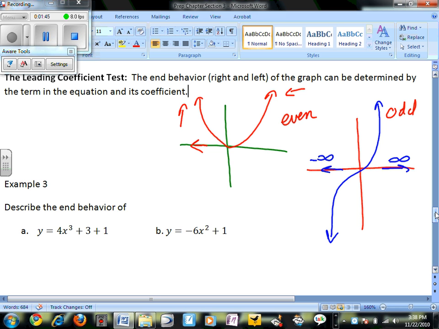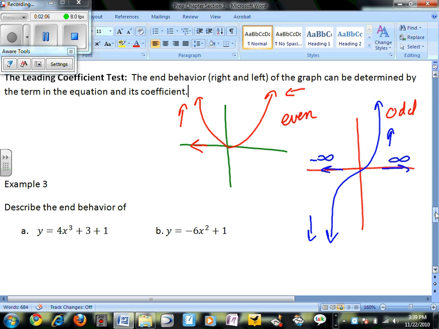As x is approaching positive infinity, y just keeps getting bigger and bigger, so y is approaching positive infinity. As x is approaching negative infinity, y is getting bigger and bigger negative, so it's approaching negative infinity for an odd function. So knowing this, and knowing what our translations and all that stuff do, we can tell quite a bit about the end behavior of each graph.